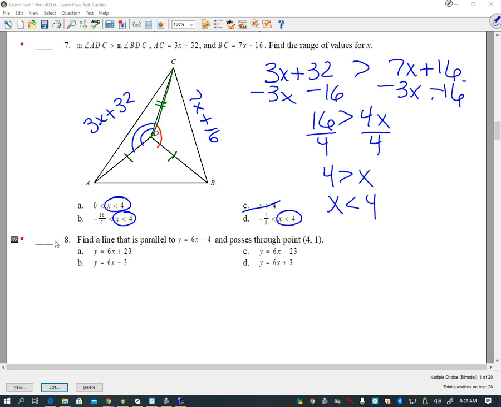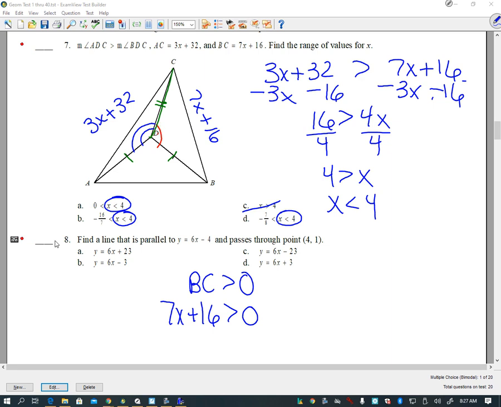And we already know that AC is greater than BC, so we need to start with the smallest side. So what we want to say is that BC has to be greater than what? 0. We're going to substitute in 7x plus 16 is greater than 0. Now my guess is, because you guys aren't thinking about that, we might have gotten this right purely out of luck. How many of you knew to do this? Anybody?